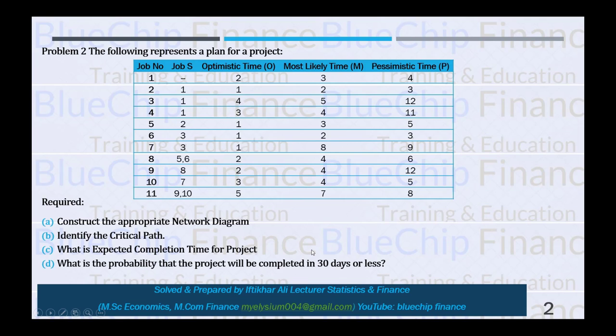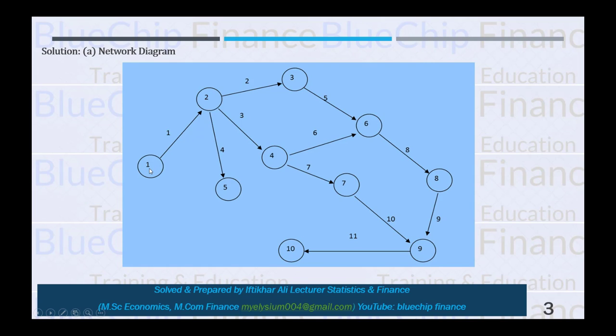So the first important step is to draw an appropriate network diagram. So let's start. There is no predecessor for 1, so we just draw one line from 1 and ignore these numbers. These are just node numbers.